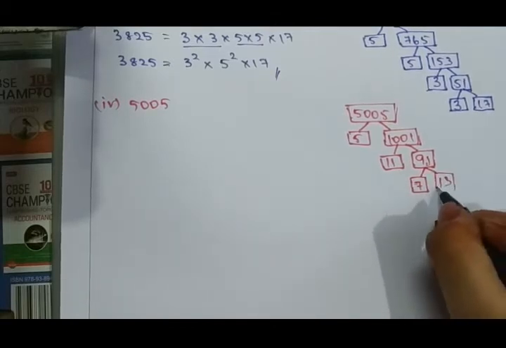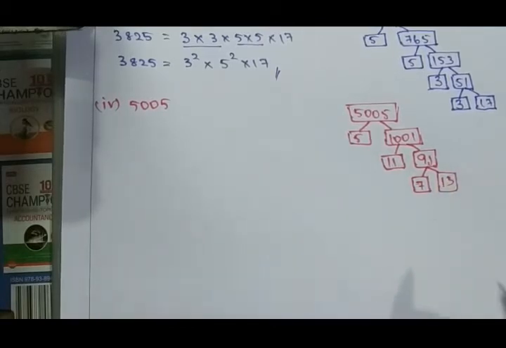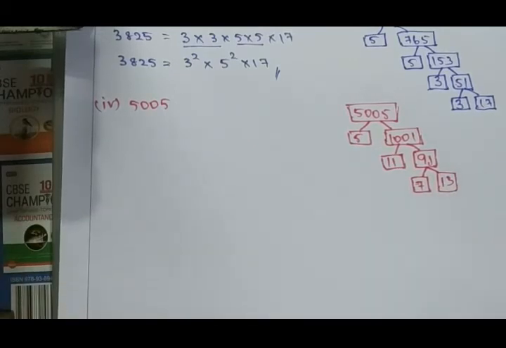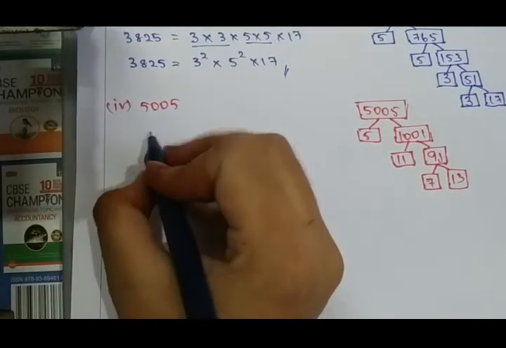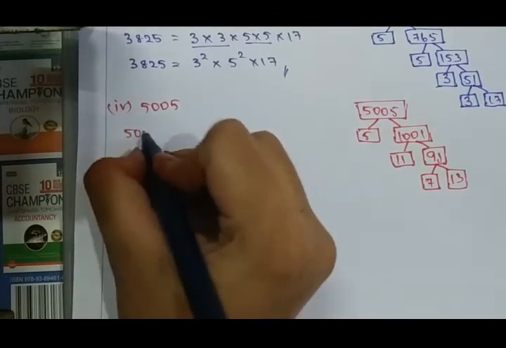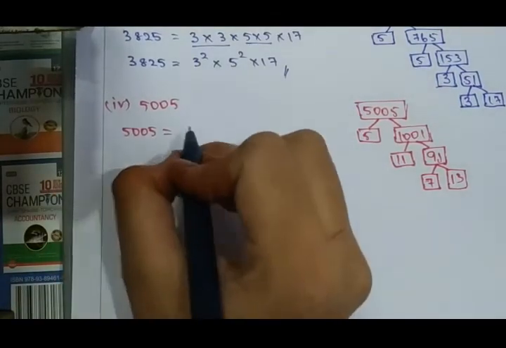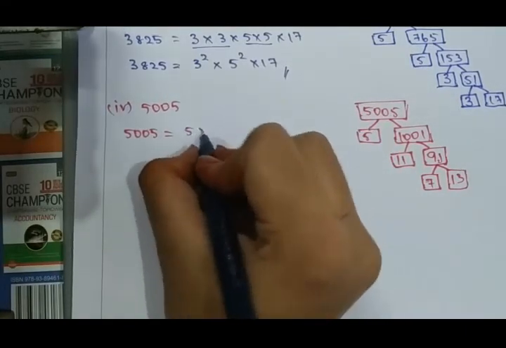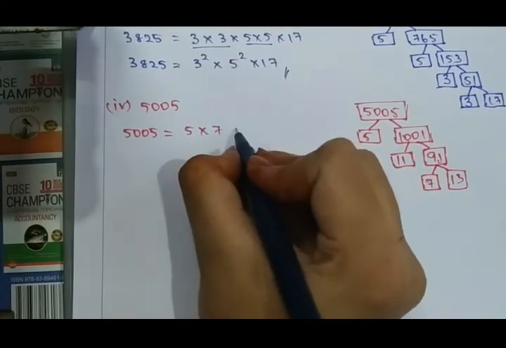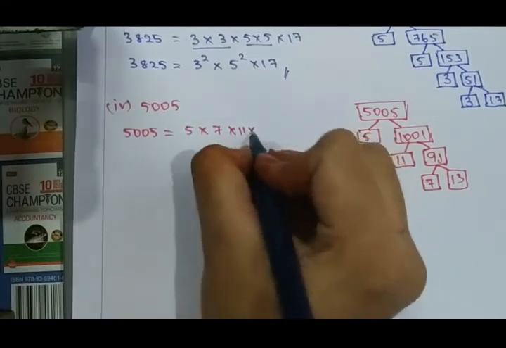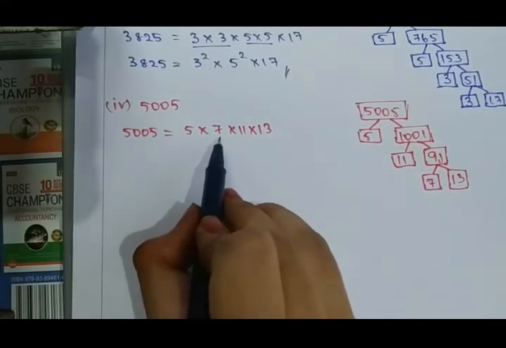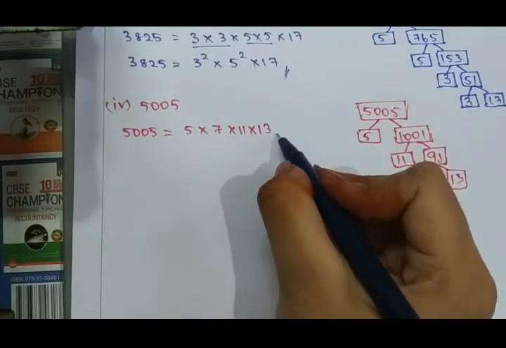So 7 into 13 is 91. So here at last 7 and 13 are prime numbers, so we can't factorize further. So 5005 is equal to, in ascending order, 5 into 7 into 11 into 13.